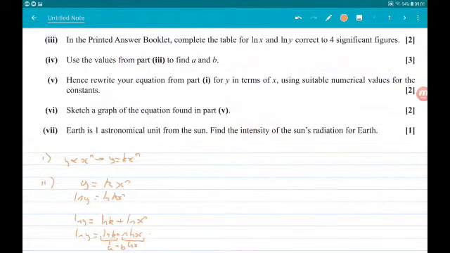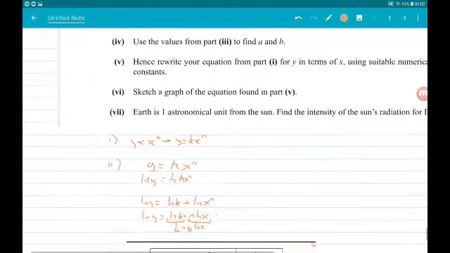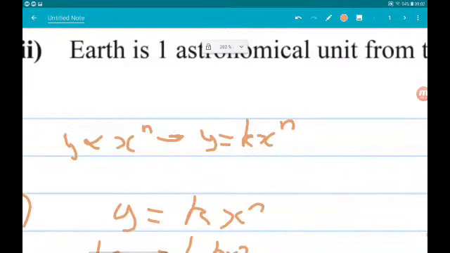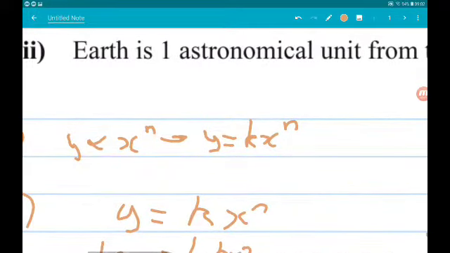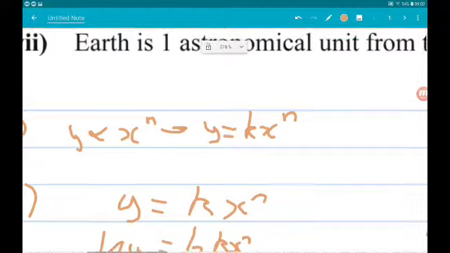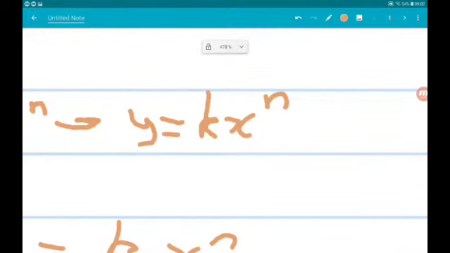Okay, then for part 5, hence rewrite your equation from part 1 for y in terms of x using suitable numerical values for the constants. So, remember our equation from back in the old days was this guy here. Y is kx to the power of n.